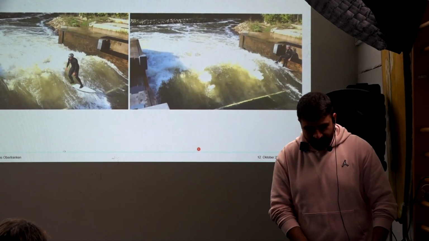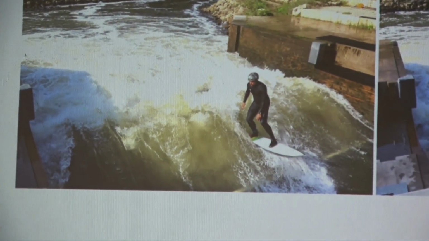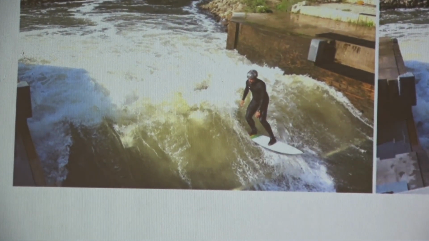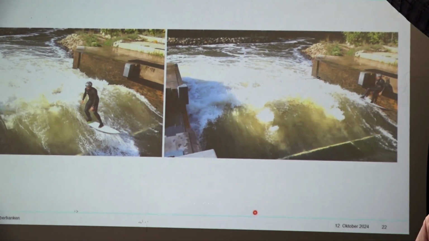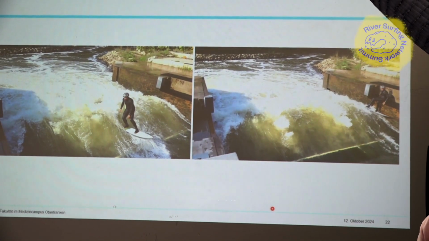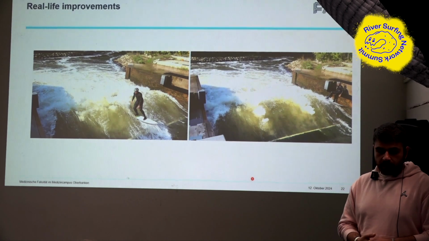The first improvement is that previously inflows exceeding 8.5 cubic meters per second created a strong backflow, making it hard to swim against this backwash, which led to surfers diving deep to get washed out of the recirculation zone.